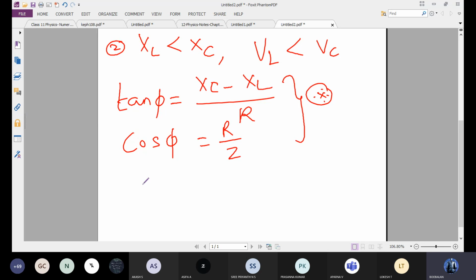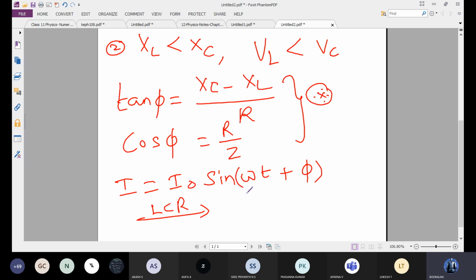Now you will get I equal to I naught sin(omega t plus phi). So that LCR circuit acts as capacitive.